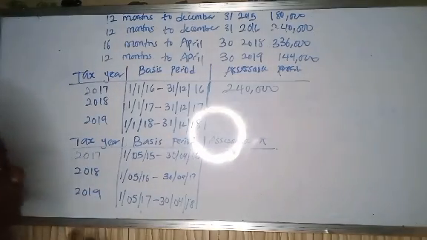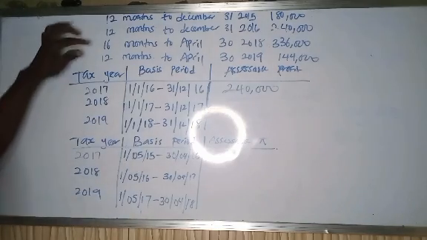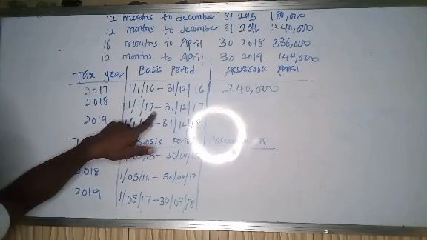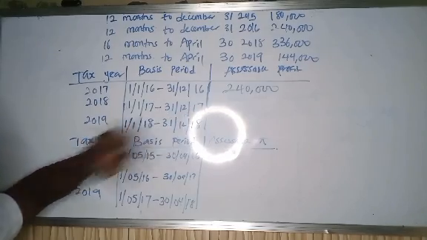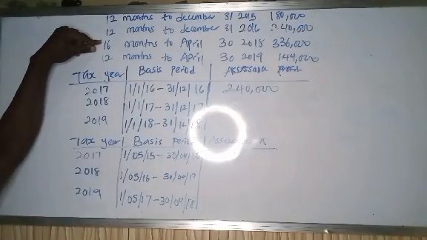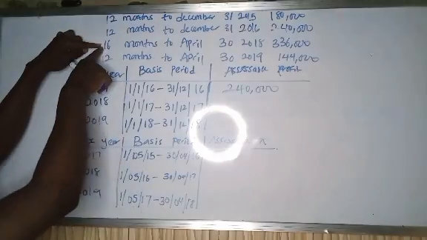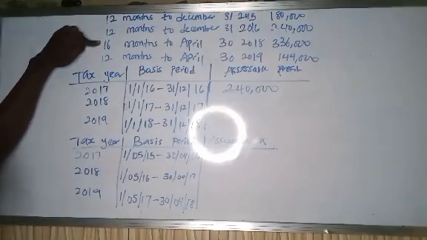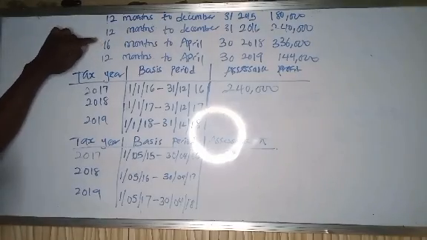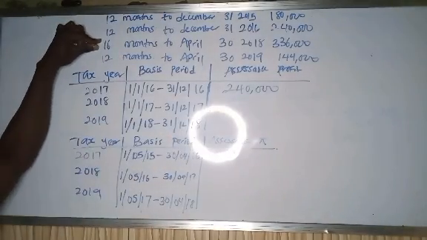240,000. Now, the second one, a period of 2018, that will be 1st of January 2017 to 31st of December 2017. So 1st of January 2017 is within these 16 months, because this one ended December 2016. You need to just analyze that January to December of 2017 is within these 16 months.